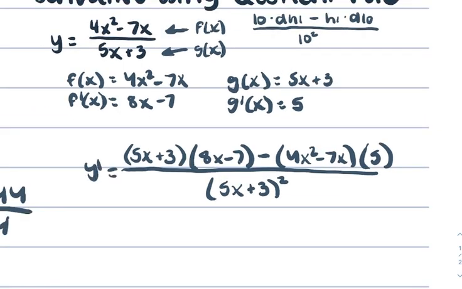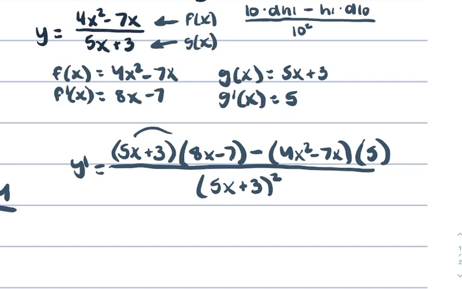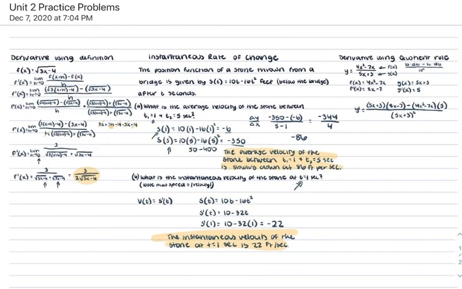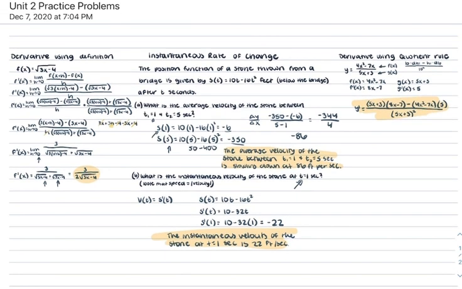Obviously you can simplify it out and then do distribution over here, and make sure to add this negative and then simplify it out. So that's it for this video, and thank you for watching.